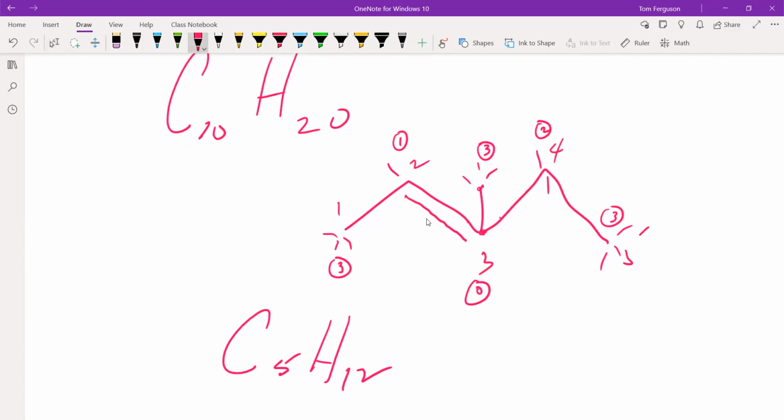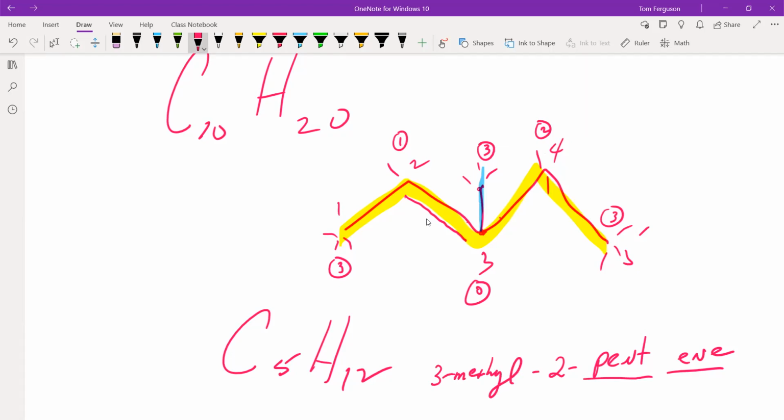So we have a five carbon backbone, double bond, and the double bond is on carbon number 2. Then we have a branch, carbon number 3 with a methyl group. So 3-methyl-2-pentene.